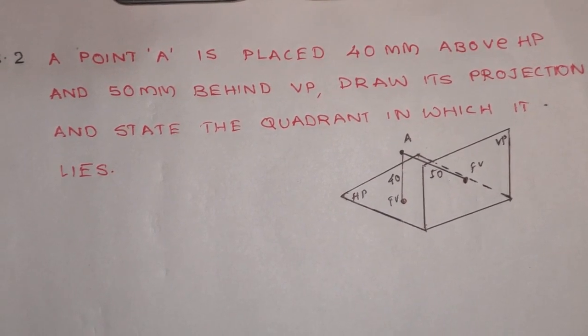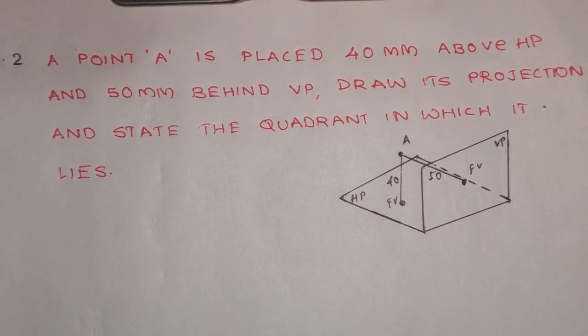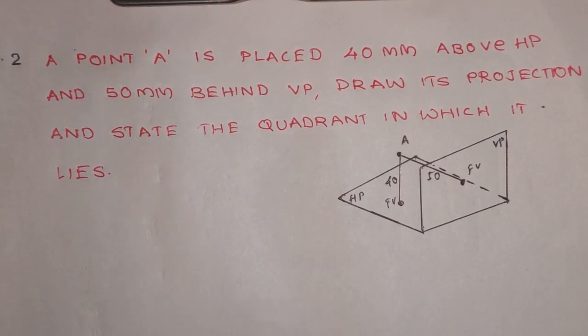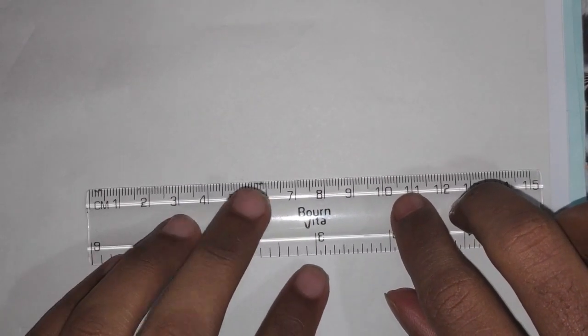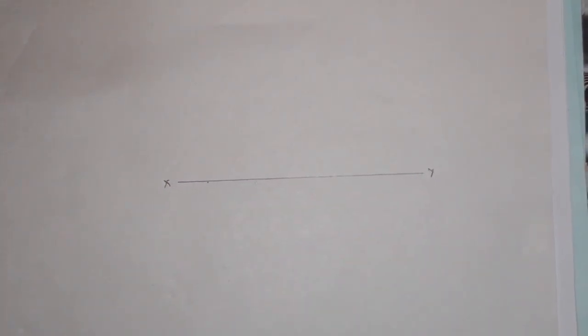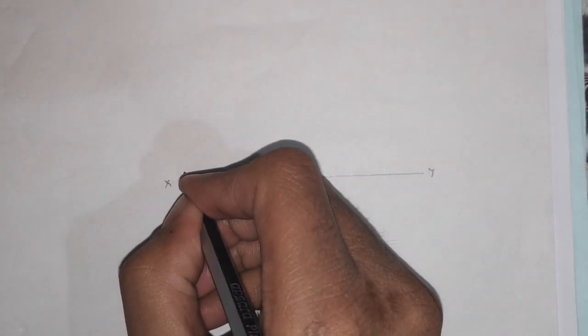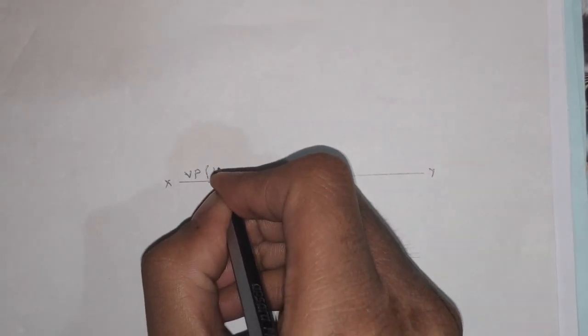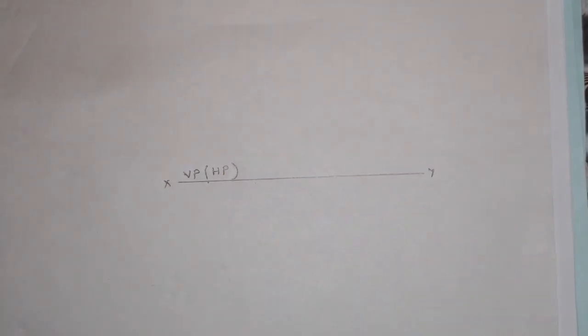So again, the step is we have to draw the XY line. Again the XY line should be an intermediate thick line. So I draw here XY line, which is an intermediate thick line. And since we know it is in the second quadrant, for the second quadrant both VP and HP will be above the XY line and HP will be behind VP.